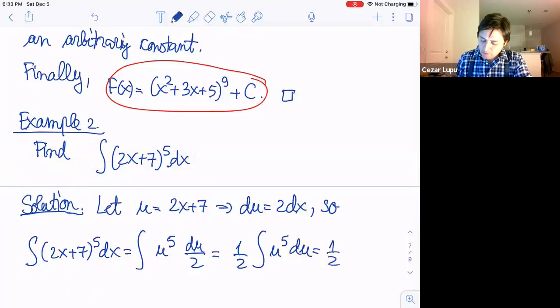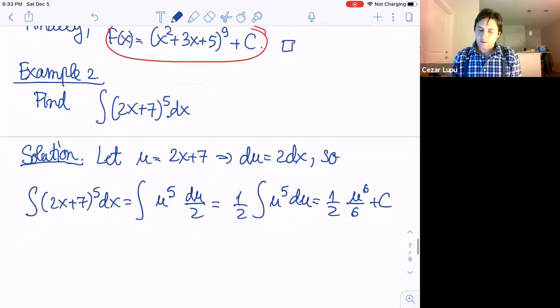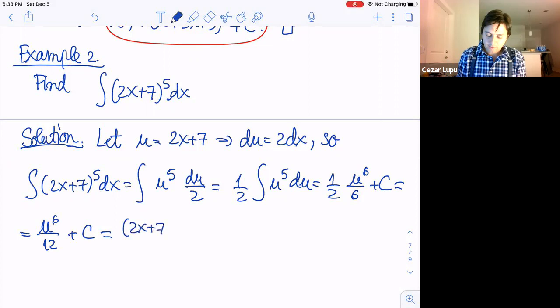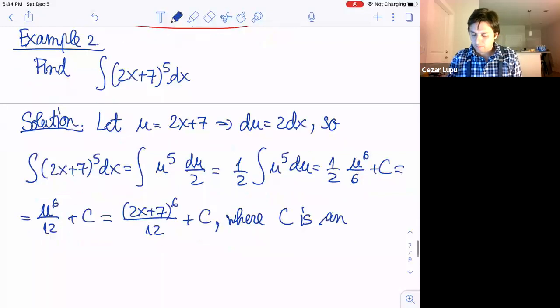So this is nothing else than just 1/2 times u to the 6 over 6 plus constant. And this would be just u to the 6th over 12 plus constant. So this would be (2x plus 7) to the power of 6 over 12 plus constant. And again, c is an arbitrary constant.